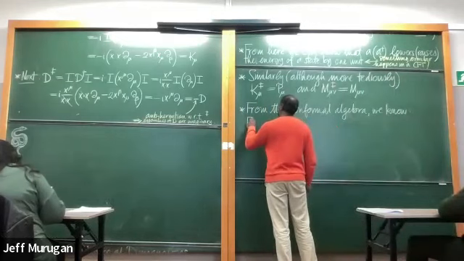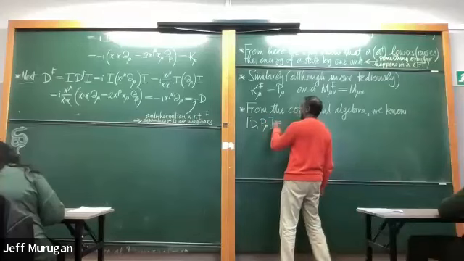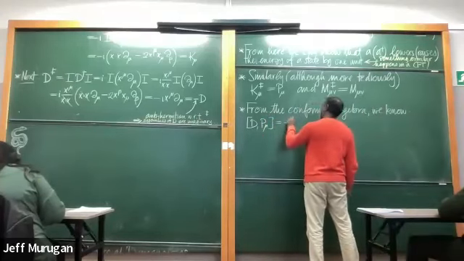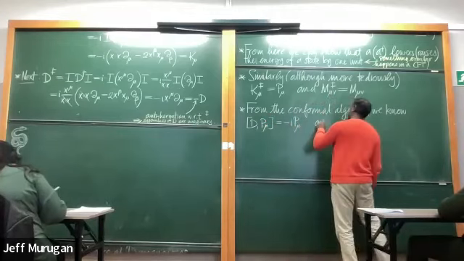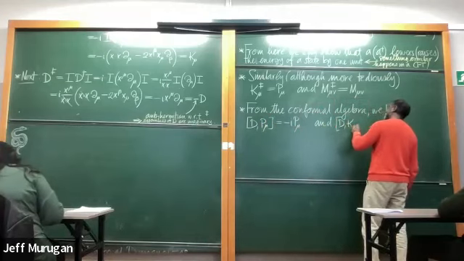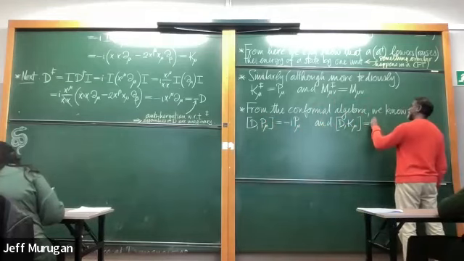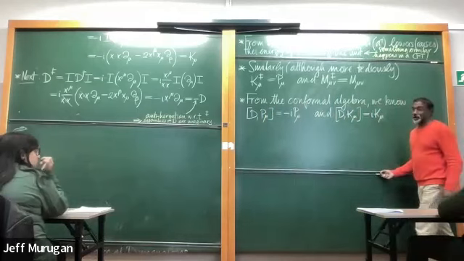We know that if I take the commutator of D and P, then I get i P mu. And I also know that the commutator of P and K is i D. So now let's write everything in terms of iD instead.